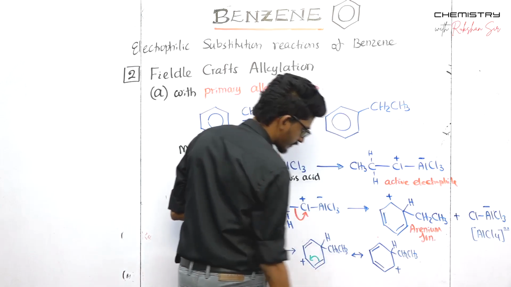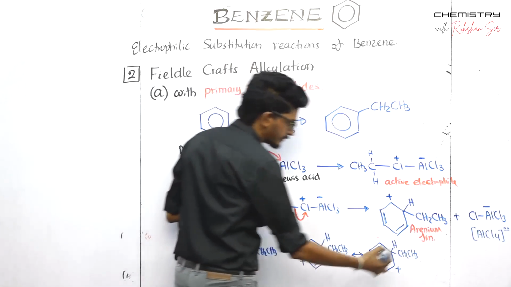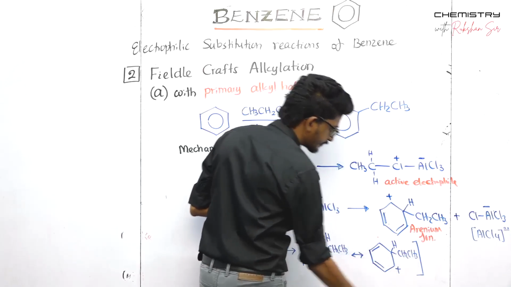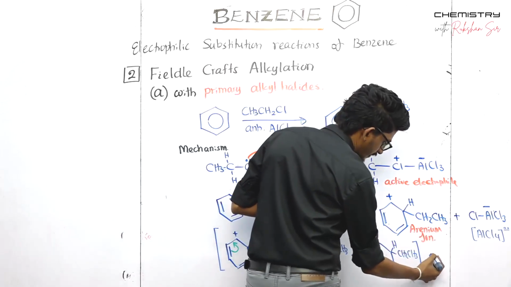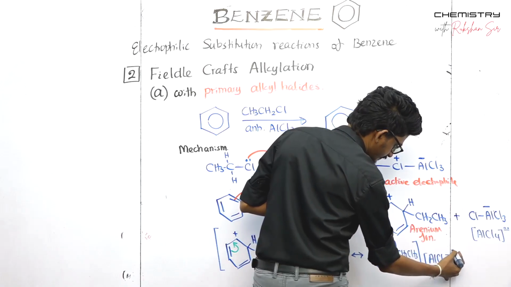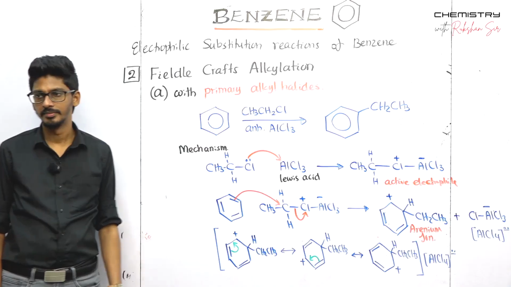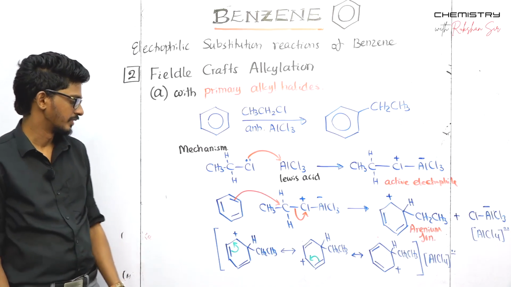The positive charge comes to here. This is the resonance stabilization of the carbocation. That AlCl4 minus is also appearing. Right, third step.